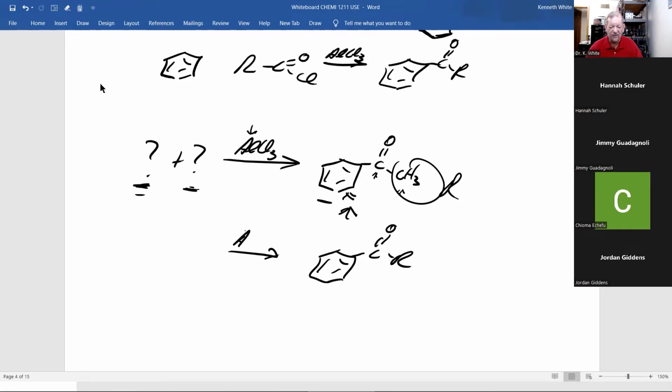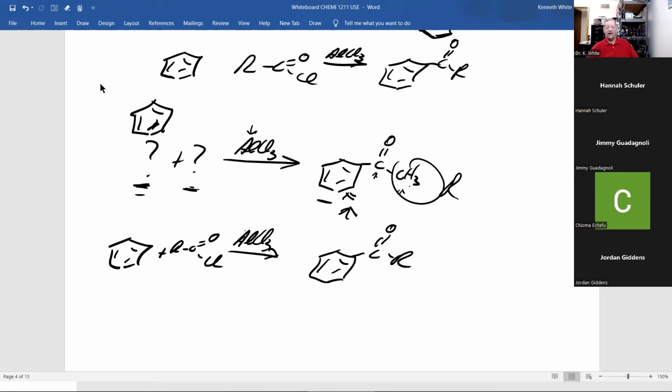And what do we react with aluminum trichloride? Benzene ring. Don't forget the three lines, bonds or a circle. And an acid chloride, R carbonyl Cl. Well, one of these question marks is a benzene ring.